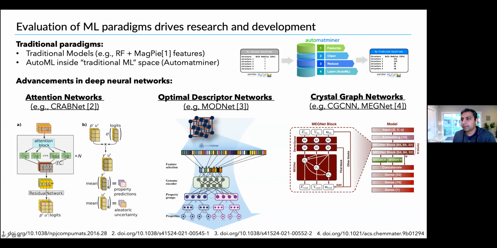And then it has automatic routines to clean up the features and reduce the number of features so that you don't have correlated features and things. Once you have a list of reduced features, it uses AutoML to figure out what is the best machine learning model for that particular problem. AutoML has a list of potential models that it can try. So it might try kernel ridge regression, it might try random forest, et cetera.